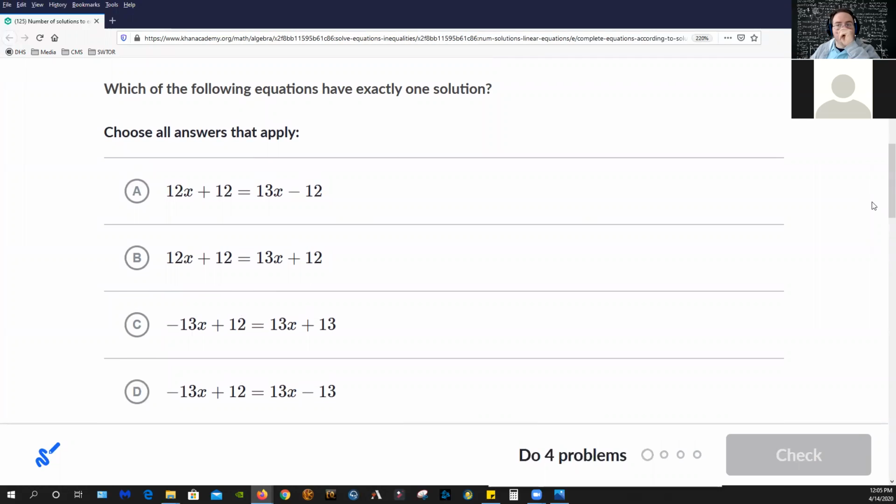Okay, chat. Let's get active. I want you to chime in the chat with which one or ones you think are appropriate. Keep in mind, it does show here where it says choose all answers that apply. We want exactly one solution. Now, to reiterate what I just said, that means that at the end of this, you should have x equals a number.